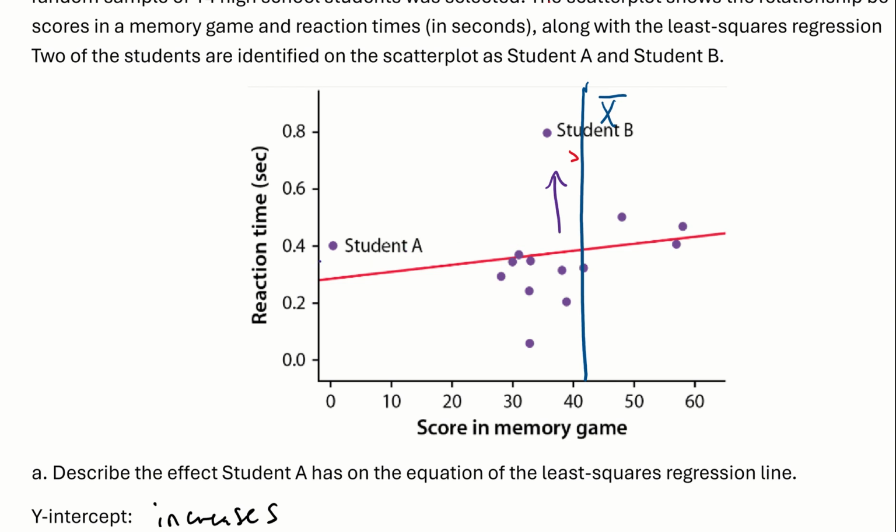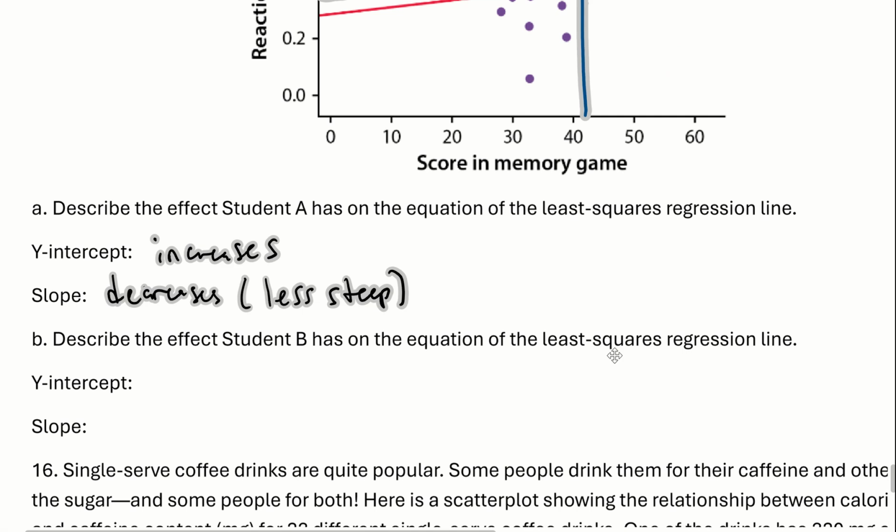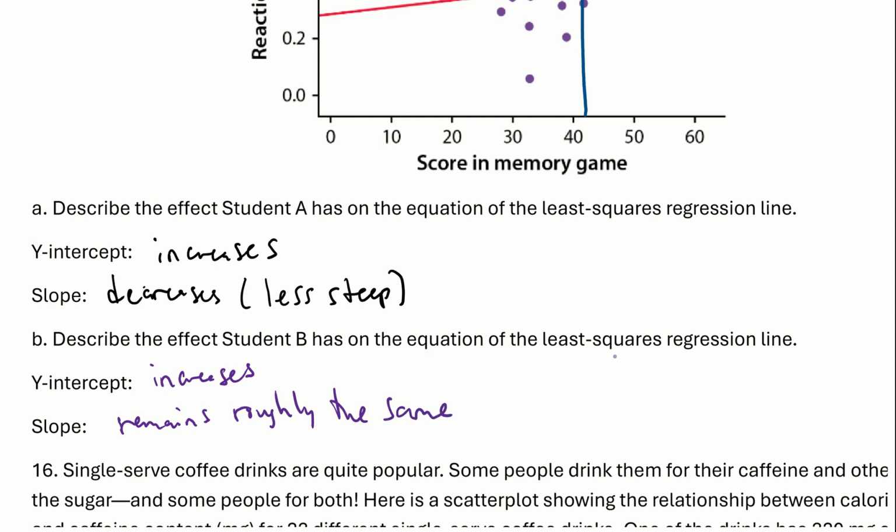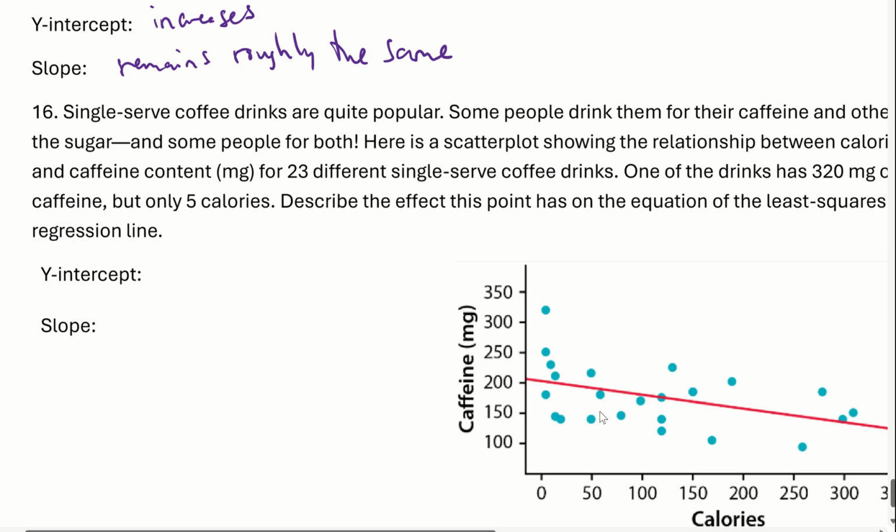That also means that the slope stays the same. It's kind of parallel, right? So the y-intercept increases, but the slope remains roughly the same. So minimal change in the slope, okay? And that's how you do that.